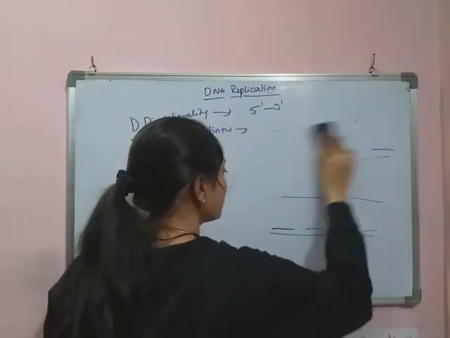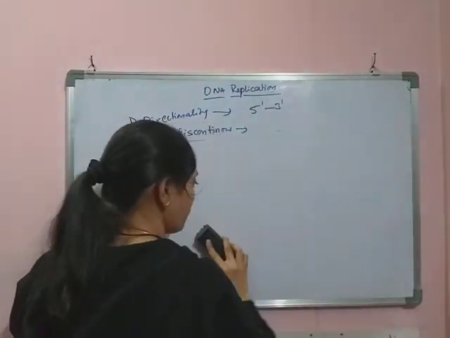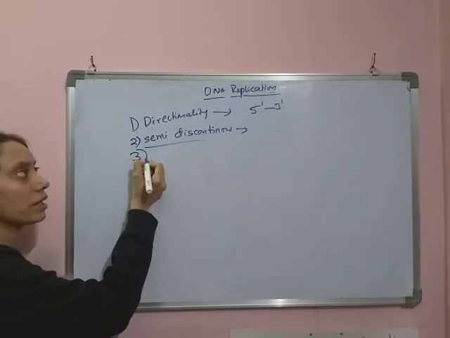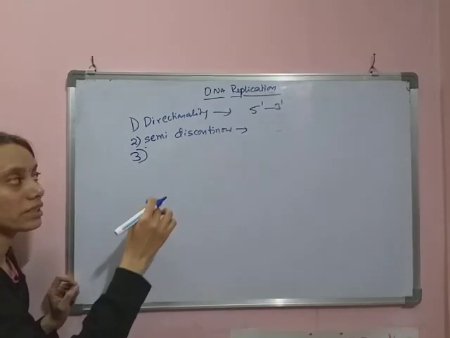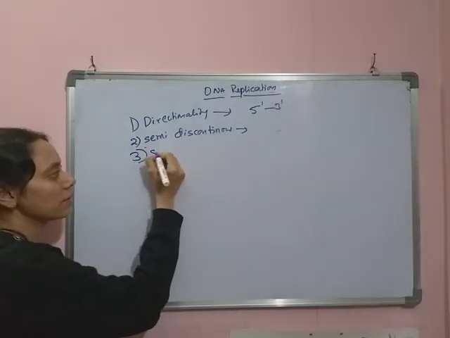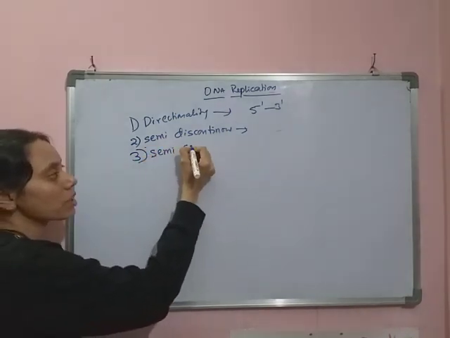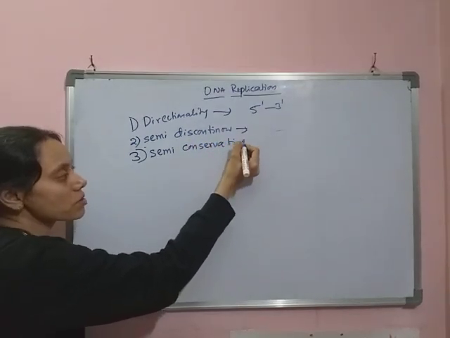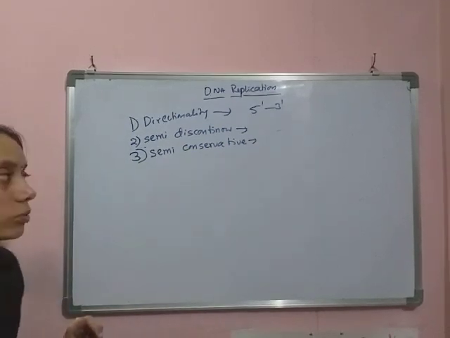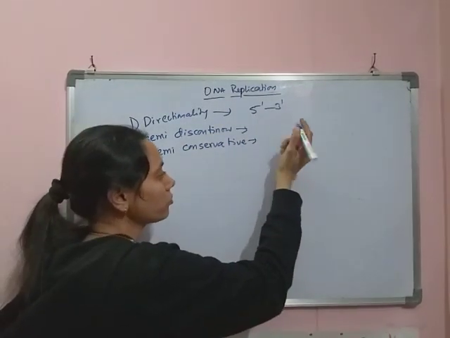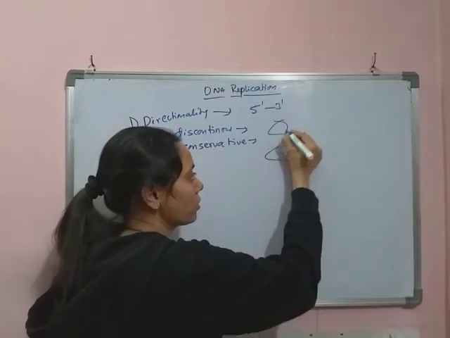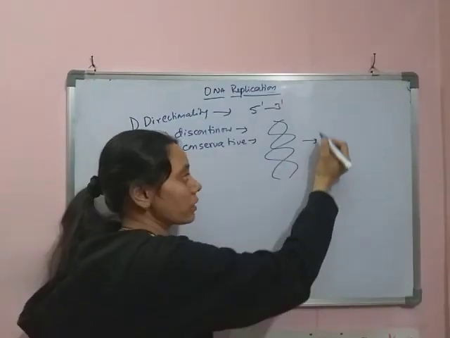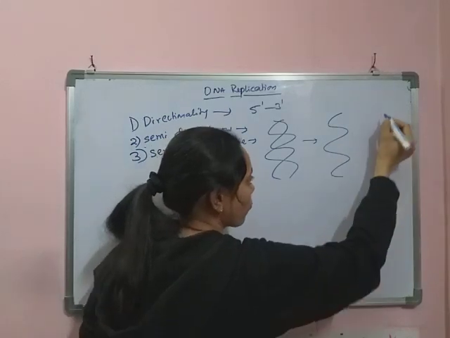So what are the other characteristic features of DNA replication? It has directionality, it is semi-discontinuous, and it is semi-conservative. What is the semi-conservative mode of replication? Here this is a parental DNA, and if it goes for replication, two daughter DNAs will be formed.